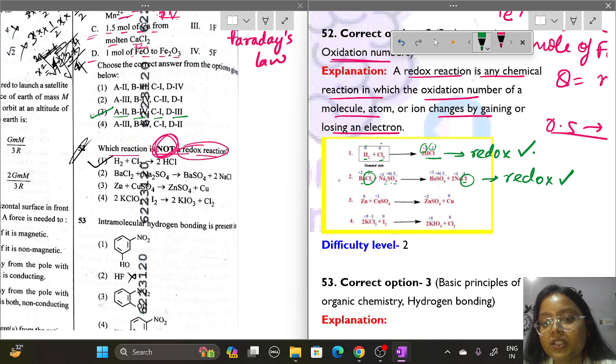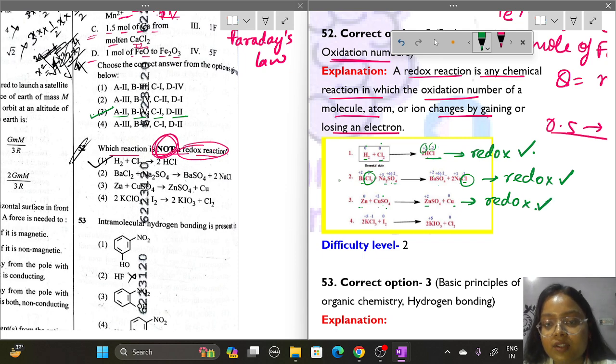Then looking at the third one, Zn will have an oxidation number of 0, Cu will have plus 2, and SO4 will have minus 2. So Zn is changed to plus 2 and Cu is changed to 0. It is clearly a redox reaction.